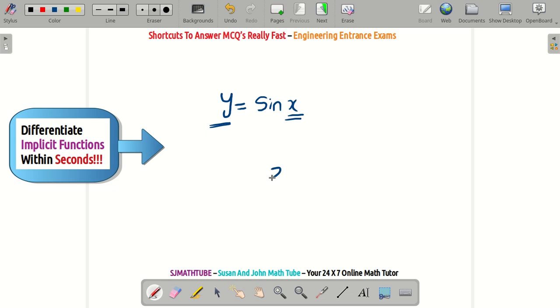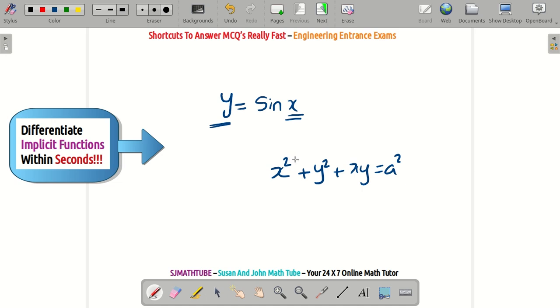At the same time, if you have something like x square plus y square plus x into y is equal to a square, it's called an implicit function because all the variables are mixed up. One variable is not given in terms of the other variable. So, to make it simple, if all the variables are mixed up and you are given an expression in x and y, we call it an implicit function.